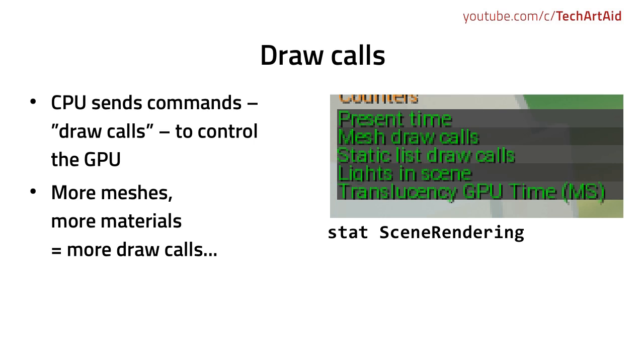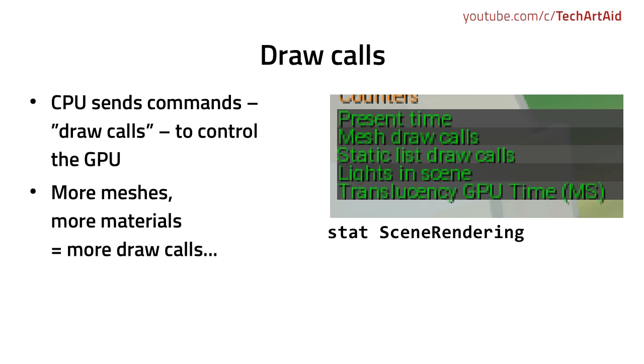An important thing that can really affect your frame rate is draw calls. Draw calls are the commands sent by the CPU to control the GPU, for example, commands like change my mesh or change my material.